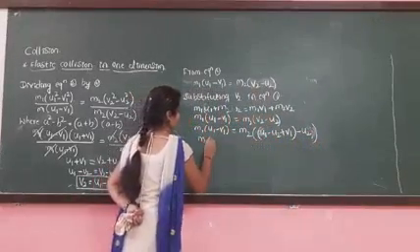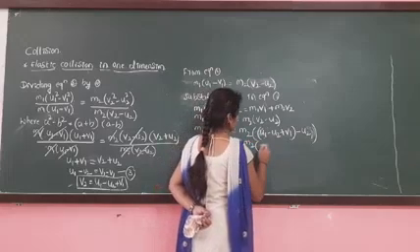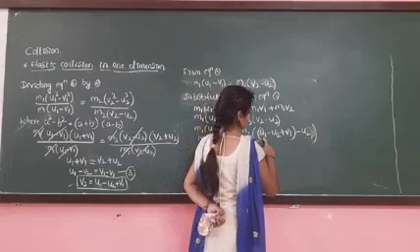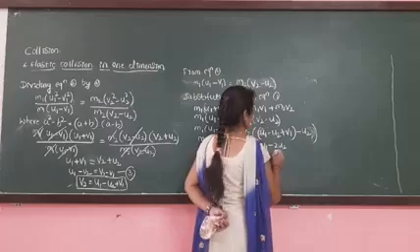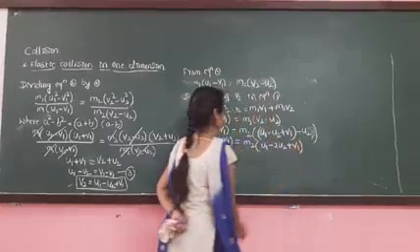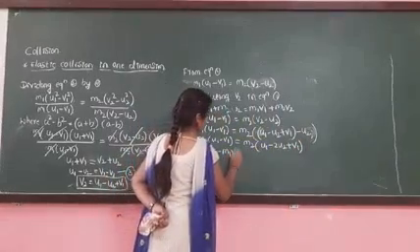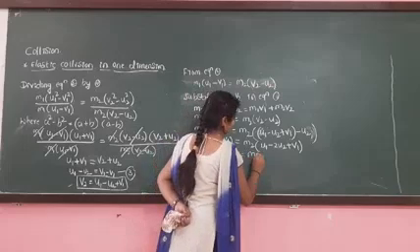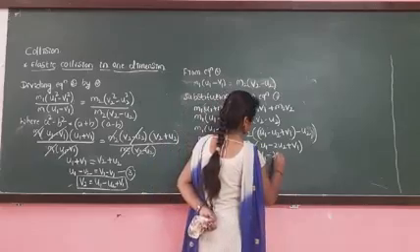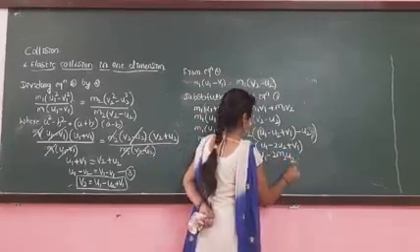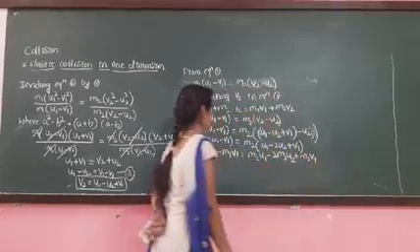m1 (u1 minus v1) equals m2 (u1 minus 2u2 plus v1). So m1 u1 minus m1 v1 equals m2 u1 minus 2 m2 u2 plus m2 v1.